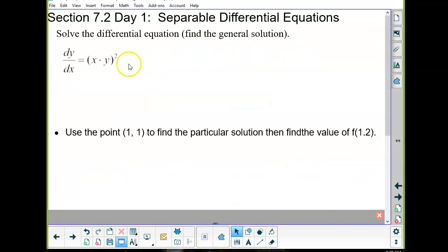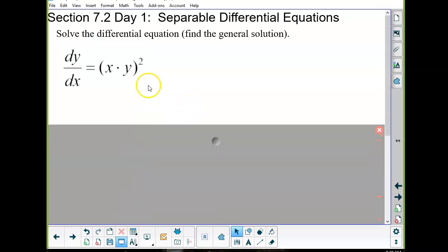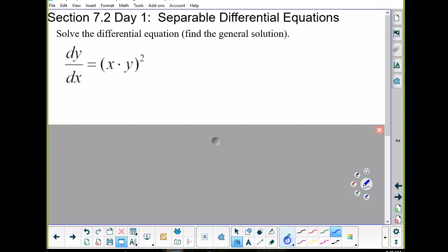Okay, so we're going to shift gears here. And good news is we're doing something similar to what we did on Monday. However, it's a little bit trickier, or it can get just a little more complicated, so we're building off of that skill. Officially, if we're following through in our textbook, this is 7.2 day 1. And look at the title, Separable Differential Equations.